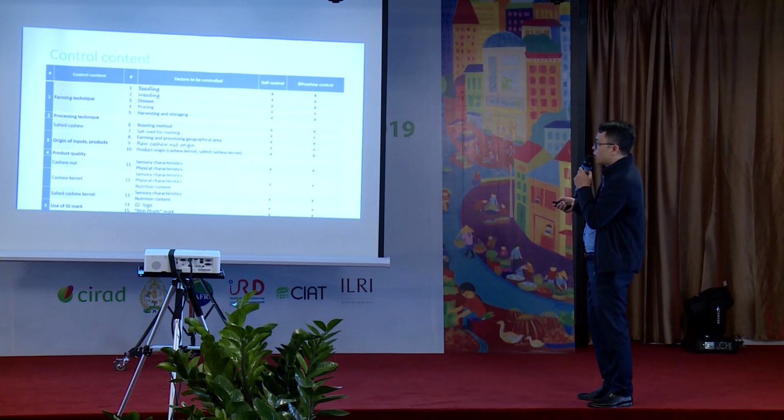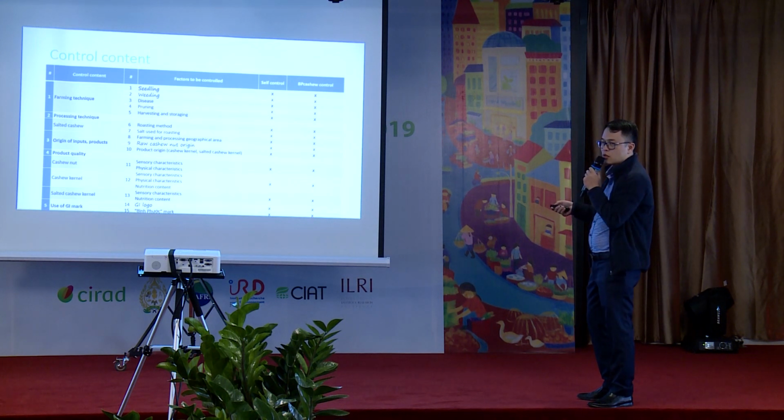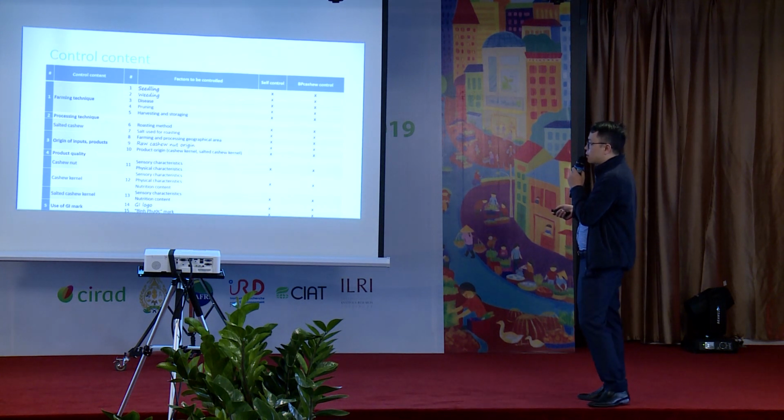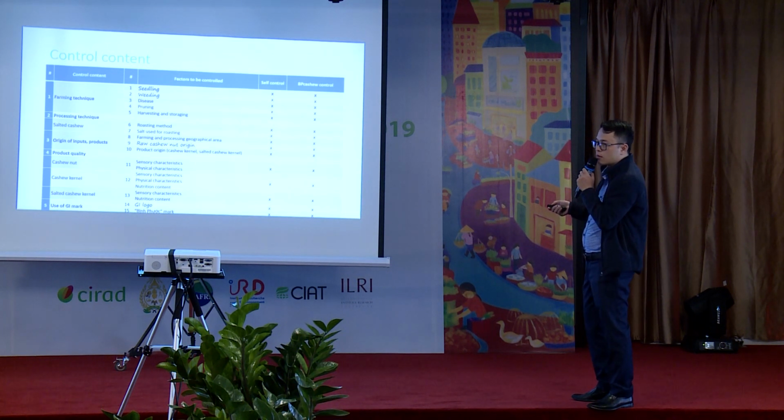In farming technique, we focus on controlling the seedling, the weeding, the disease, the pruning, and the harvesting and storing. The second one is processing technique. The control points are the roasting methodology and the salt used for roasting. So there are only 2 points for control.